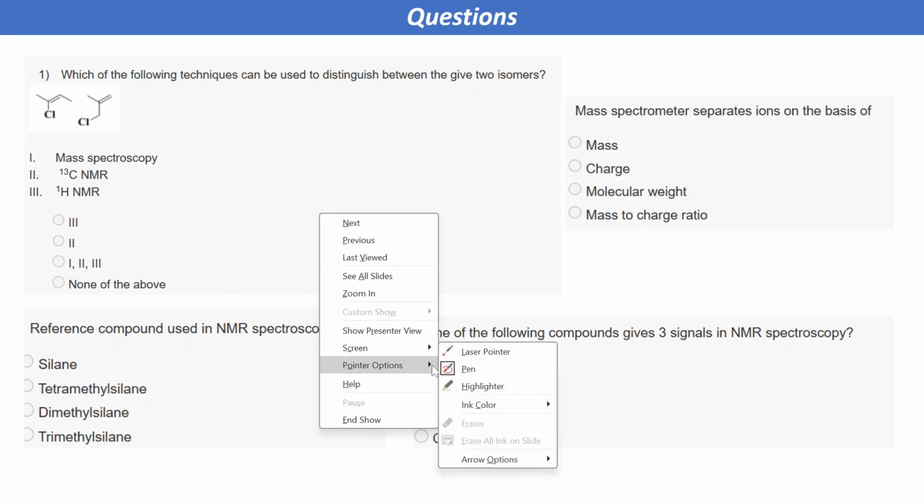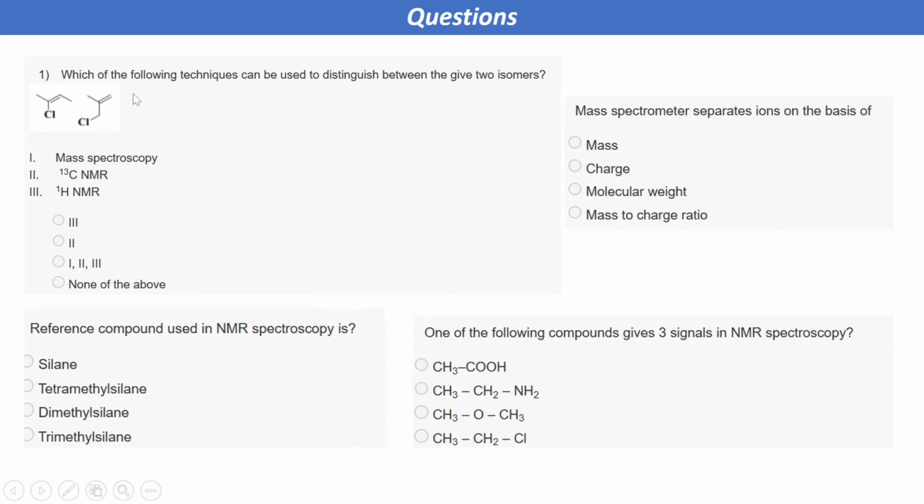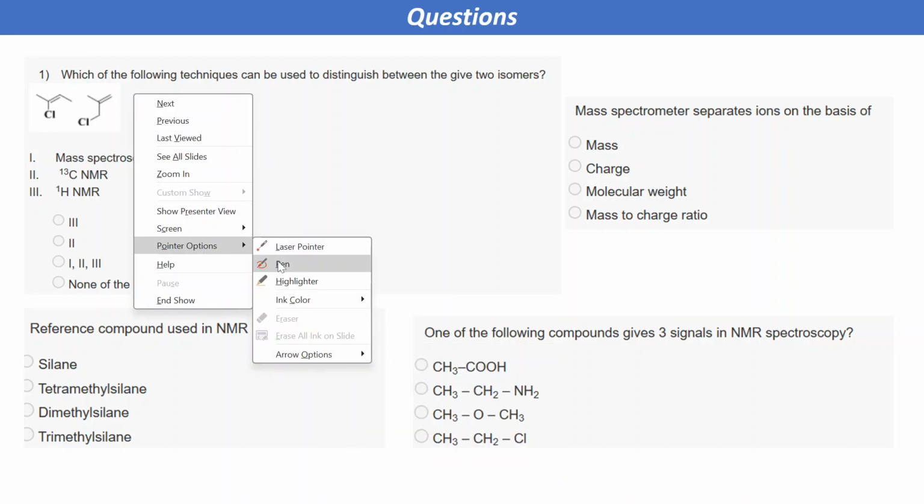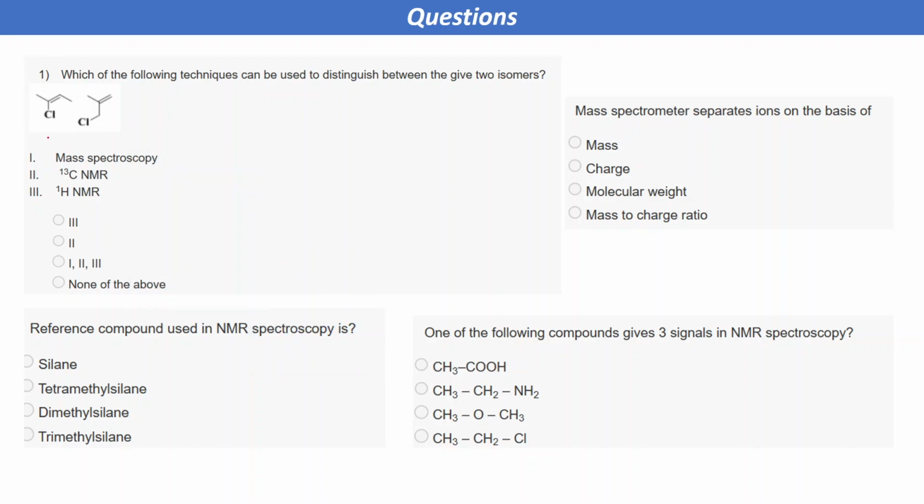These two isomers are given. Can you distinguish them from mass, 13C and proton? The correct answer will be all three, because mass, 13C and proton will all give different signals.